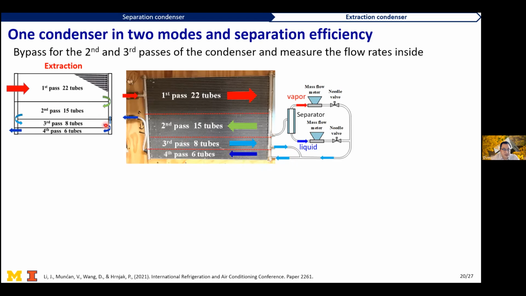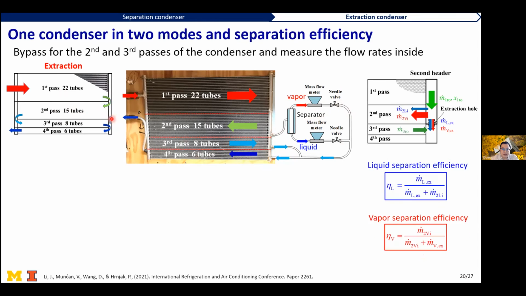So in terms of the flow circuitry, it works the same as an extraction condenser. And the beauty of this design is that with these needle valves, we can simulate different hole sizes for the extraction, and thus study different designs and the effect of extraction flow rate on the condenser performance.